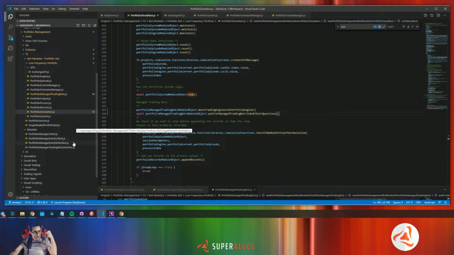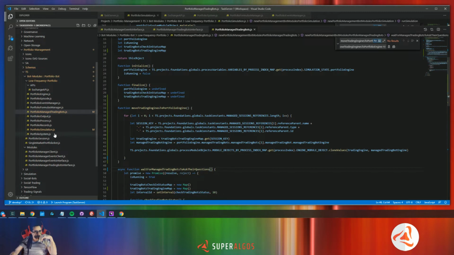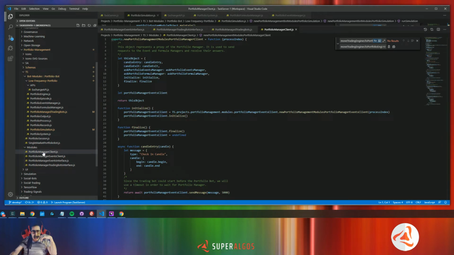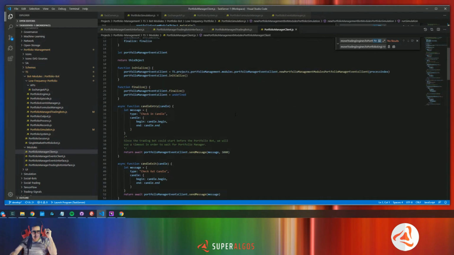Okay, for that I will need to check out this code here. This is the one that runs inside the trading bot.